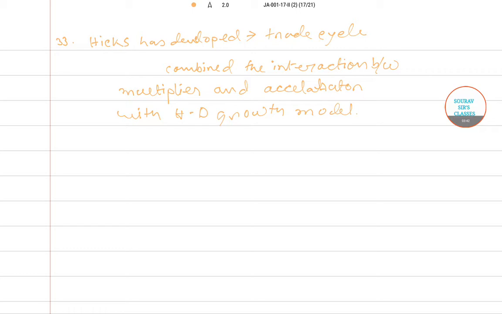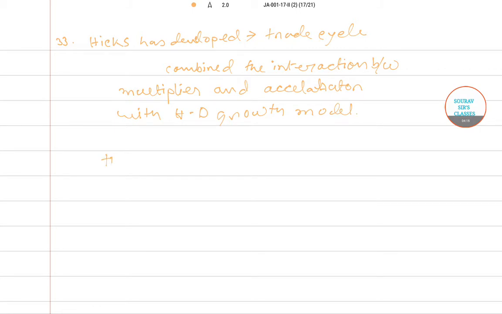In other words, Hicks combines the Samuelson multiplier accelerator interaction model with the Harrod-Domar growth model to expound his own theory of trade cycle. He combines the multiplier accelerator interaction with growth theory since in his opinion business cycles have historically taken place against the background of income growth, and therefore trade cycle theory should be linked with growth theory.